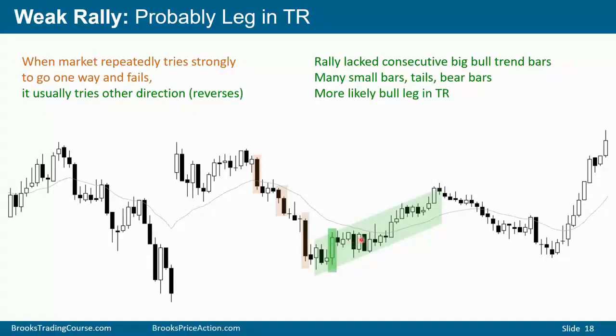Bull bar, bad follow-through. Bull bar, bad follow-through. Bull breakout, not very big, bad follow-through. And therefore, this rally probably is a bull leg and will become a trading range. Also, because it's such a tight bear channel here, this is probably a minor reversal, which means instead of a bull trend, it probably will go sideways and form a trading range.